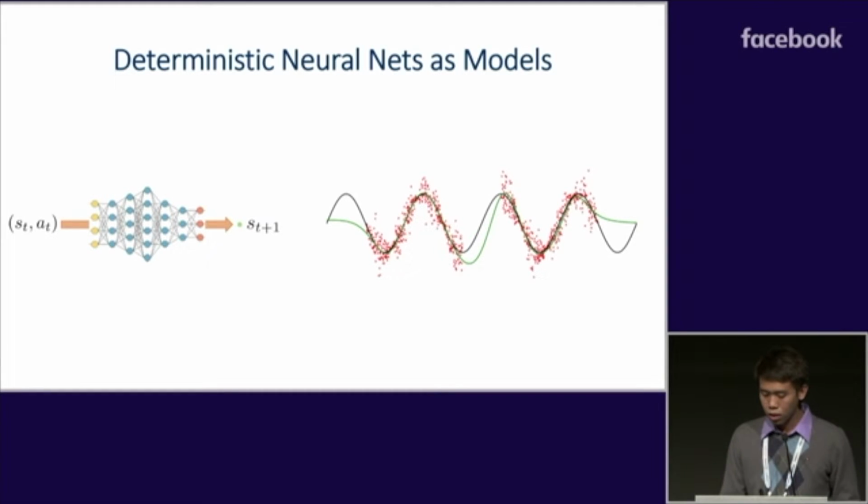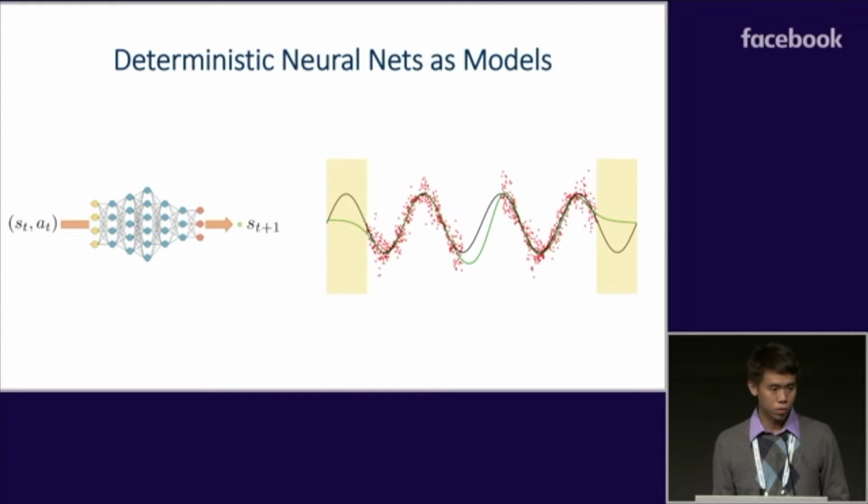We can see that the neural network is accurate close to the training data and is inaccurate far from training data. The issue here is that the agent does not know where these regions are, and in the reinforcement learning setting, the agent will have to constantly see states it hasn't seen before in the process of learning.